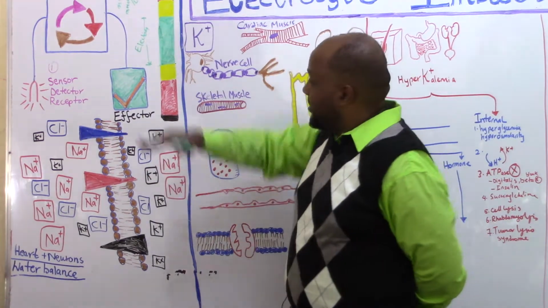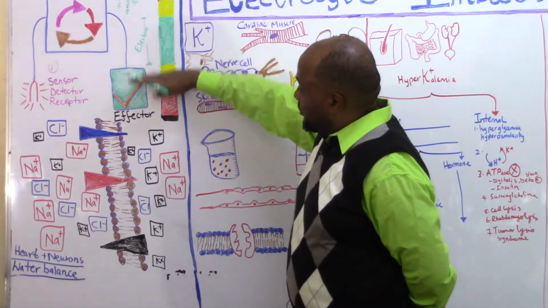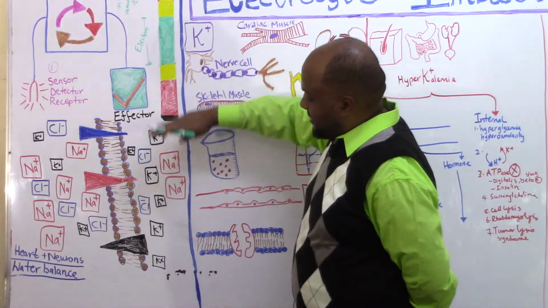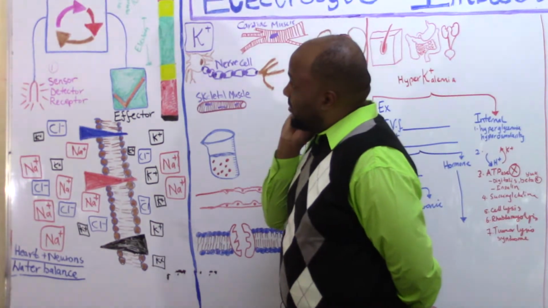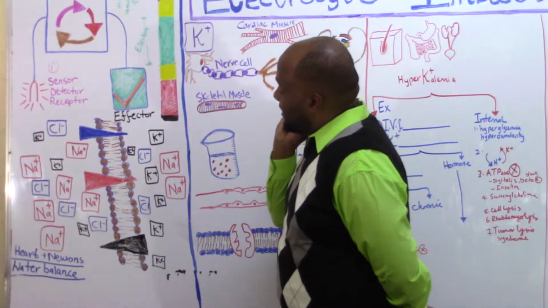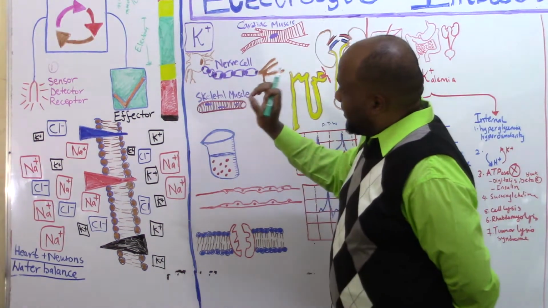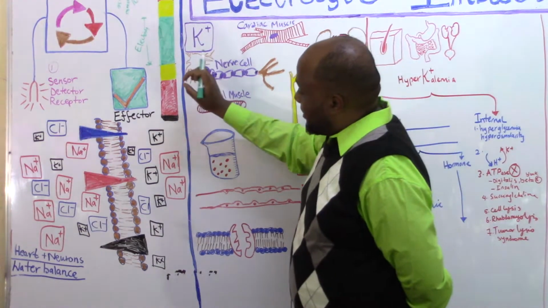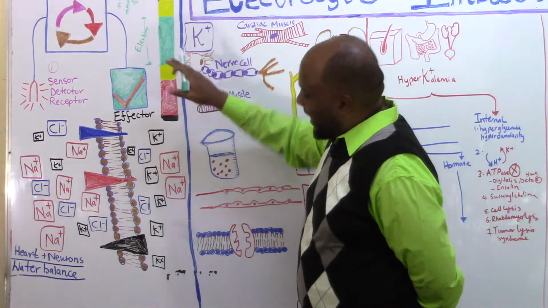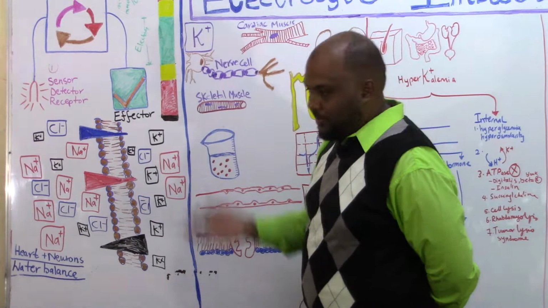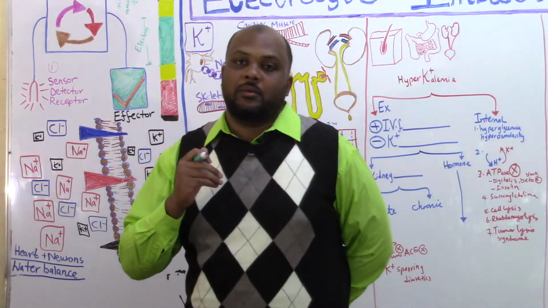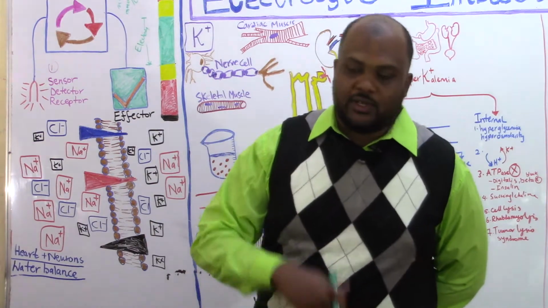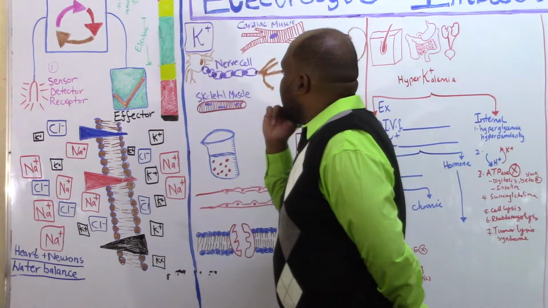And the opposite, if there is a drop below the lowest possible acceptable concentration of that particular electrolyte in the blood, it will lead to hypo: for sodium hyponatremia, for potassium hypokalemia, for magnesium hypomagnesemia, and so on. So that's the first point.